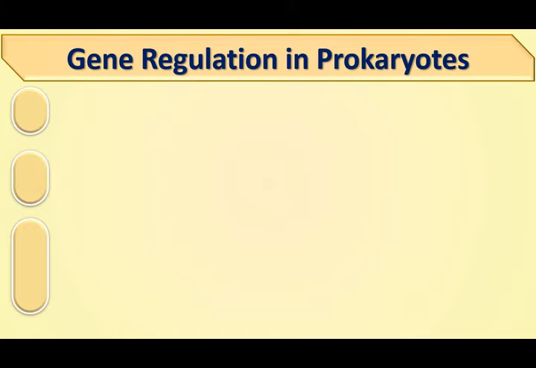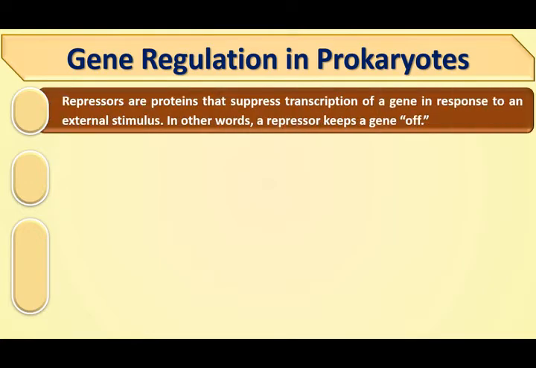They are repressors, activators, and inducers. Repressors are the proteins that suppress transcription of a gene in response to an external stimulus. In other words, a repressor keeps a gene off.